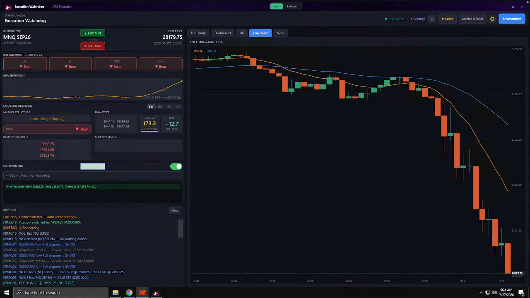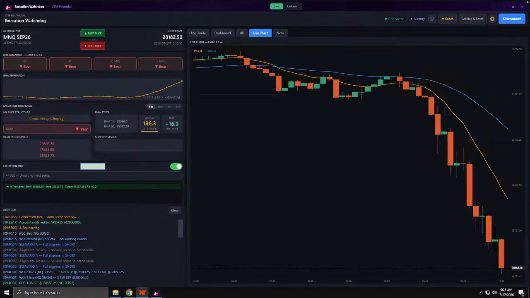This level is big on the daily. The next level is right around 27,750, so that's about 300 points from there.